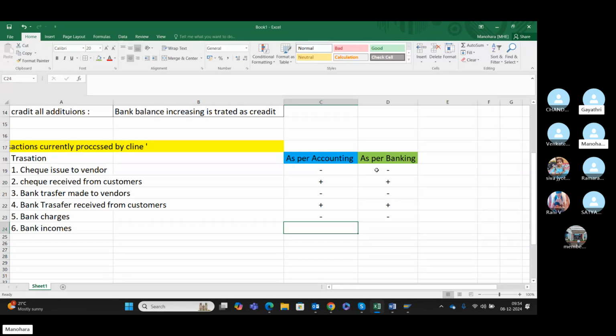As per banking, there they will deduct your bank balance, right? If charging is happening, for a 100 rupees charge, they will deduct it from your account, right? So that is the reason it's minus. For bank charges also, it is deducted from your account, right?